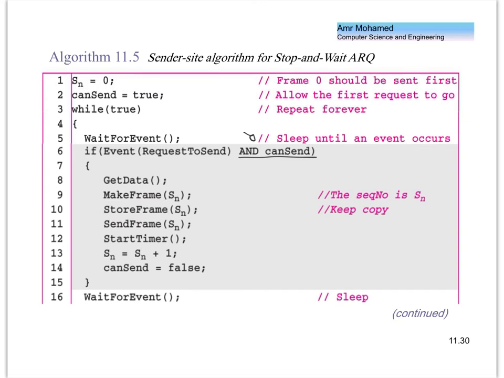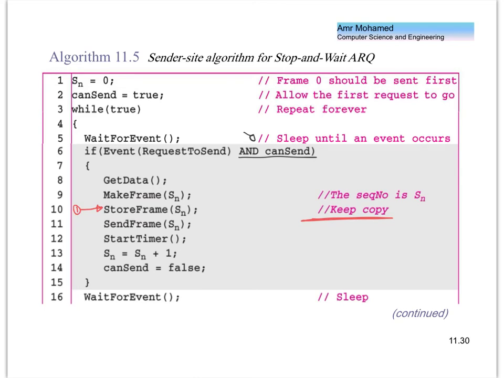But what's different now is that first we have to store the frame. The first thing we need to do is to keep a copy of the frame. Why? Because now there is a possibility of error, in which case we need to do retransmission. So that's number one as an extra step.